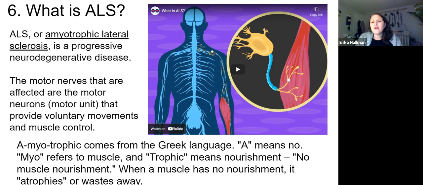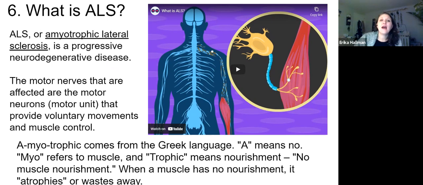This is another degenerative disease where over time it will weaken muscles, but ALS actually affects the motor nerves that connect to them. So even though those nerves are connected, there's no movement, there's no nourishment, there's no contraction of that muscle. Because it can't contract, it will eventually start breaking down and become atrophied.